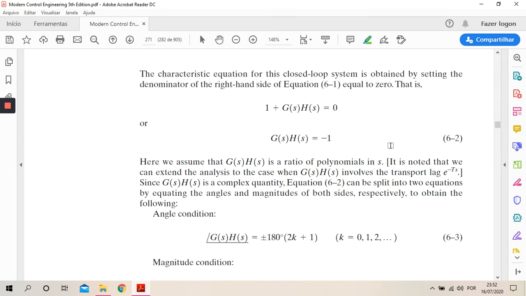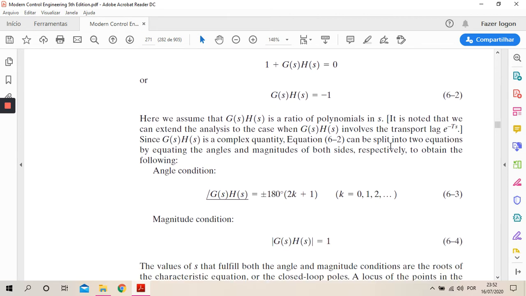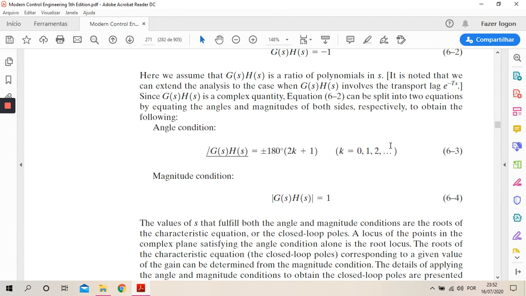That is, 1 + G(s)H(s) = 0, or in a different format, G(s)H(s) = -1. Here we assume that G(s)H(s) is a ratio of polynomials in s.